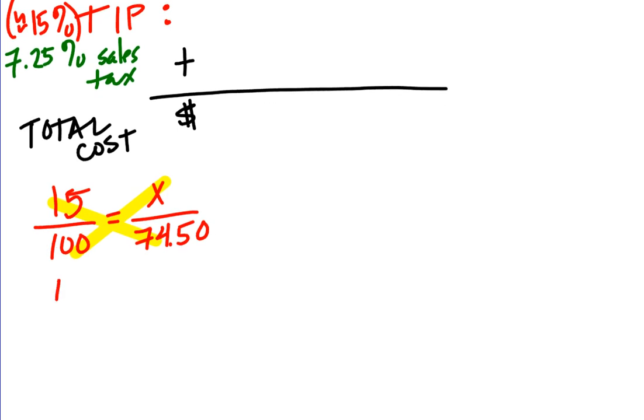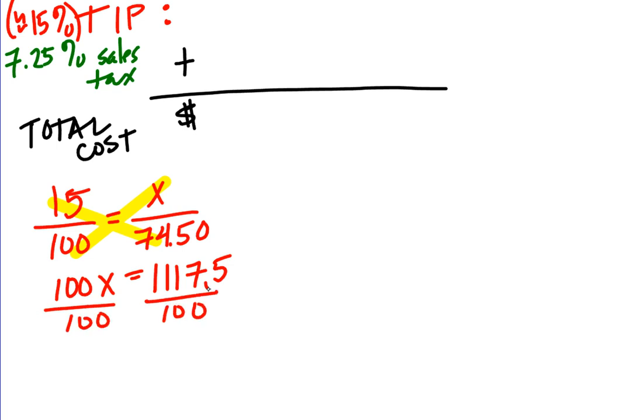And I will get 100x equals, and get my calculator out here, 15 times 74.5. And I get 1,117 and 5/10. Now we need to divide by 100, because if we didn't, I don't think we'd be leaving somebody a $1,000 tip on a $90 cost of sales. That would be a great tip if you were the waiter. Okay, and then when we divide, we're going to get 11.175.